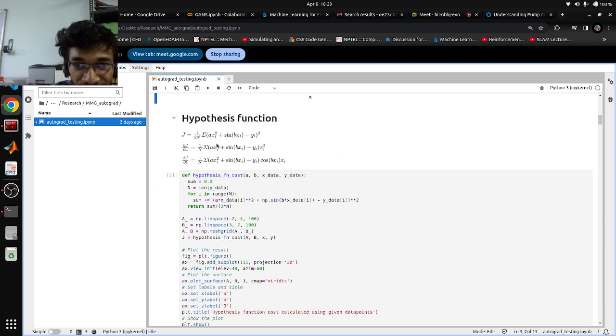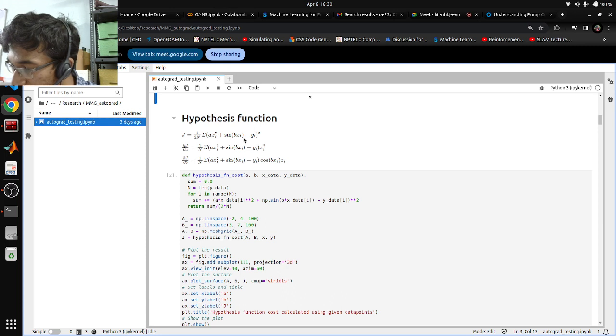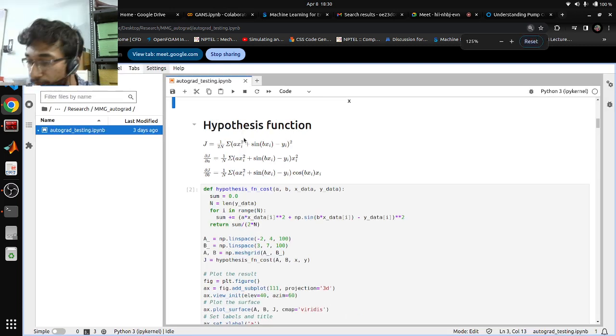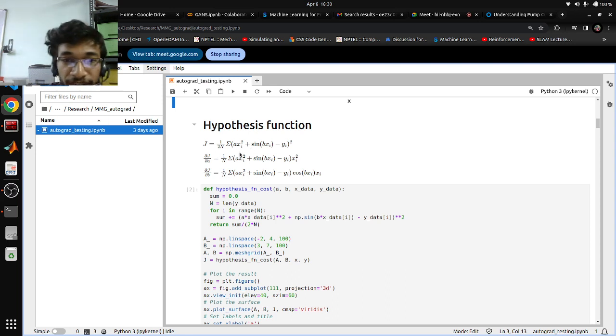I have written this, so this was your hypothesis function, a x square plus sine bx, and for each of these data points i, is this part visible? Yes.